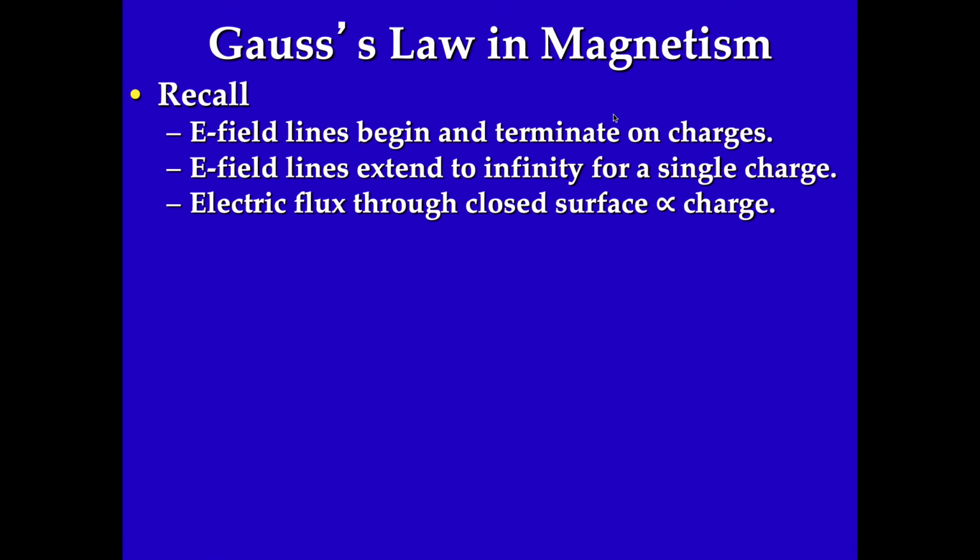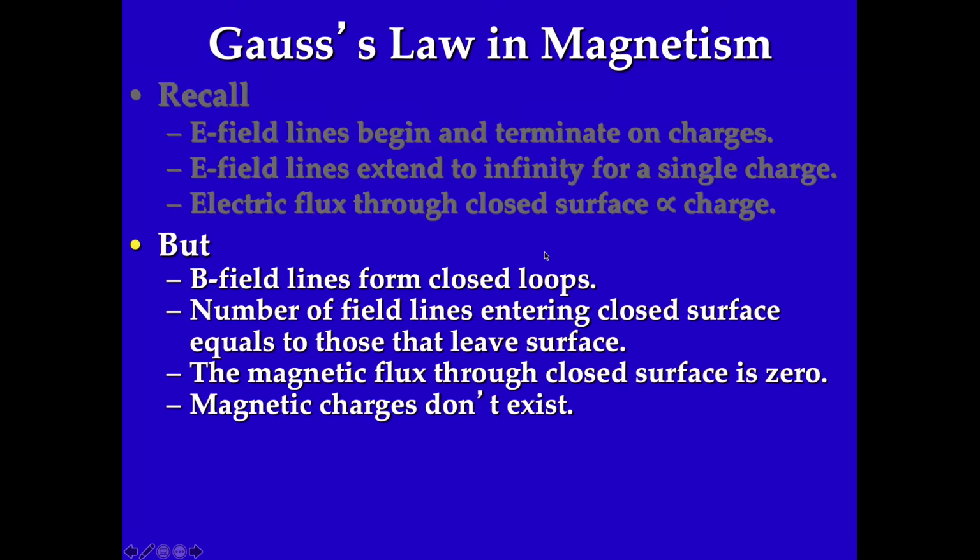Electric field lines extend to infinity for a single charge, and the electric flux through a closed surface is proportional to the charge enclosed. But magnetic field lines form closed loops. The number of field lines entering a closed surface equals those leaving the surface.